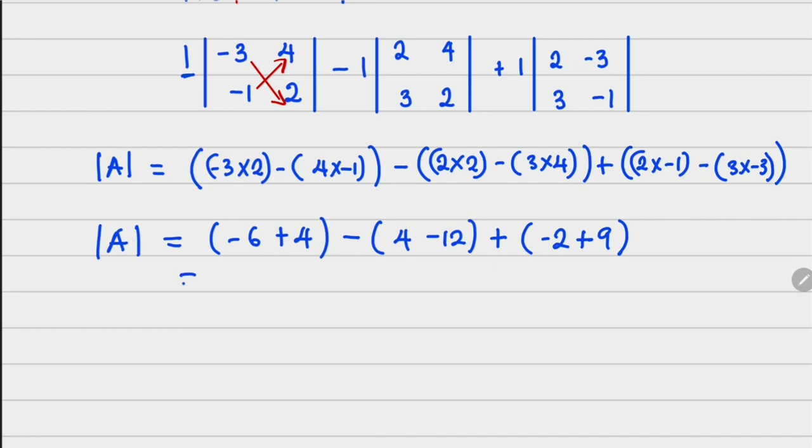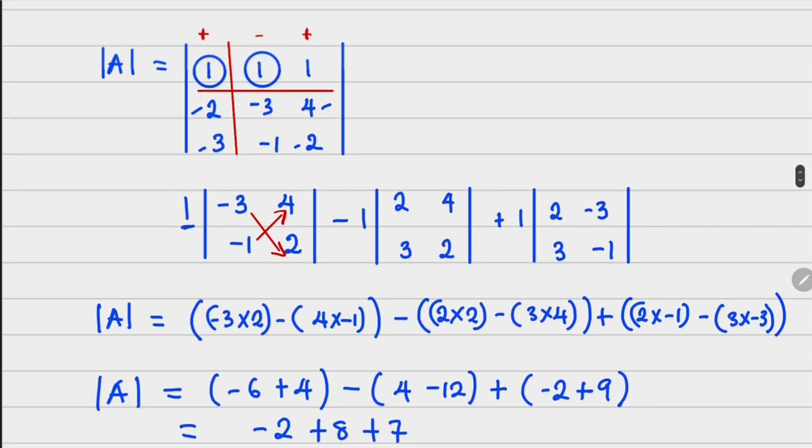Okay, so this will now be minus 2. This is minus 8 times minus, so we have plus 8. Now this is 7. Okay, so we have 7. Now what we have here will be 13. So that is determinant 13. So we've gotten the first thing, right?